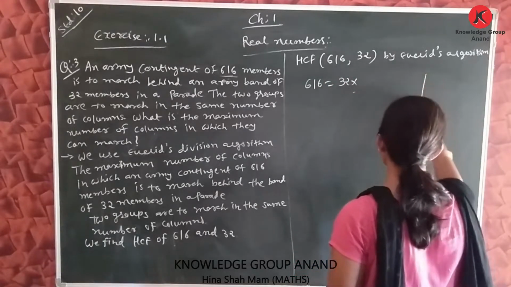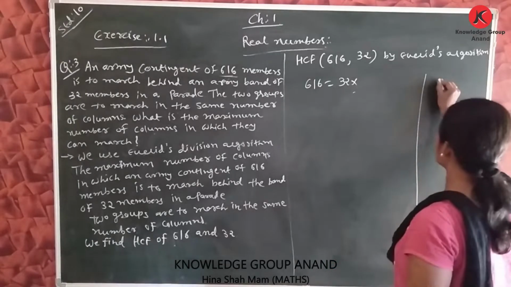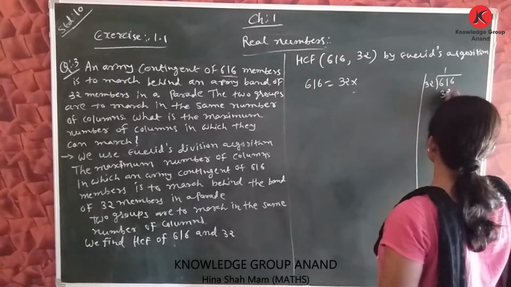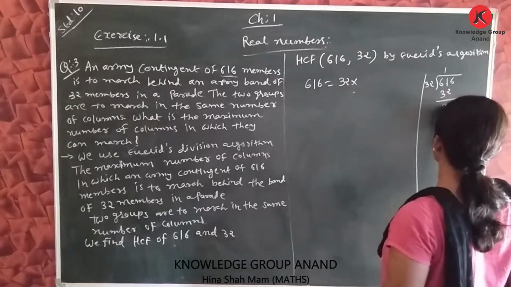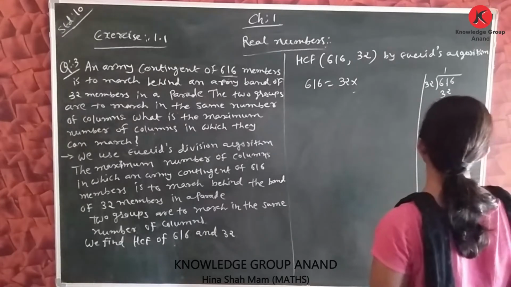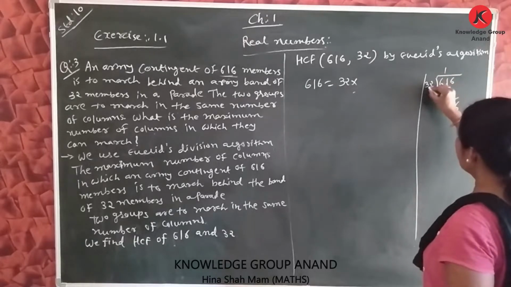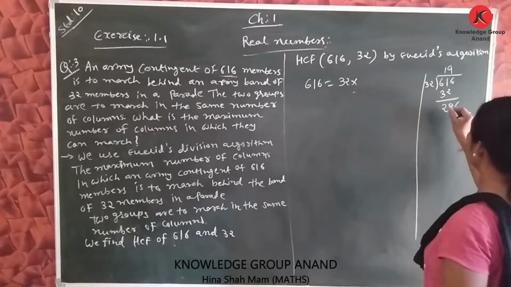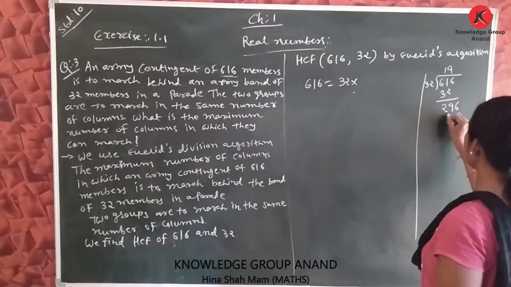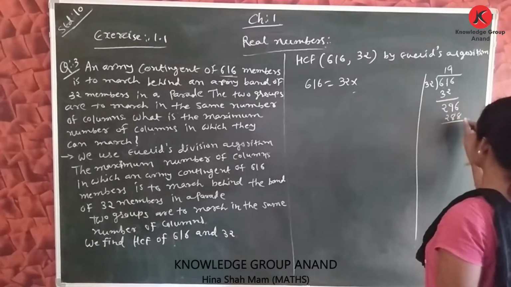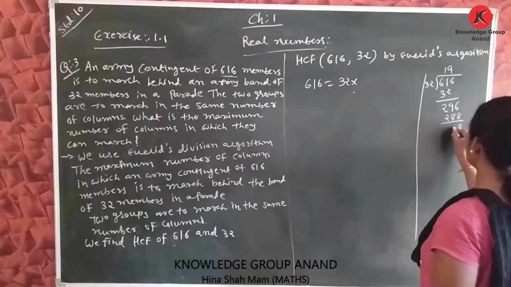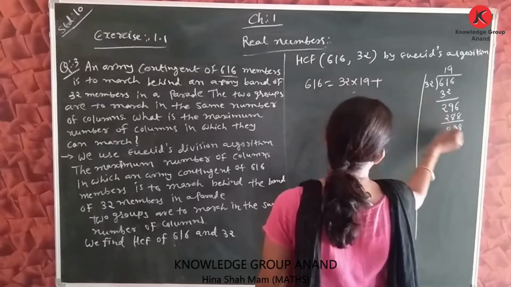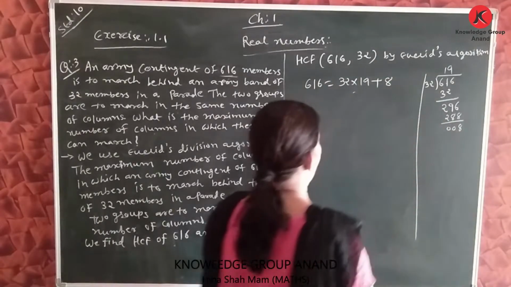Now here I write rough work. 616 divided by 32. 32 ones are 32. 32 tens are 320. 32 nines are 288. So the quotient is 19 and the remainder is 8.